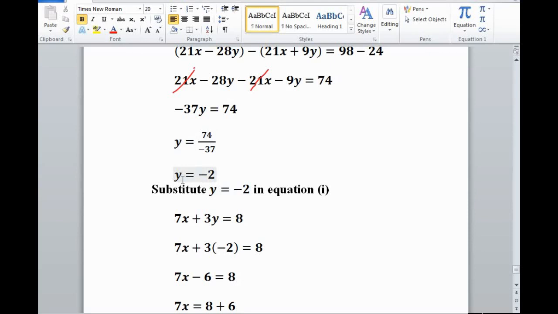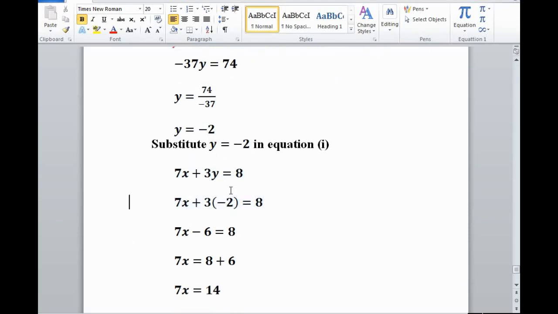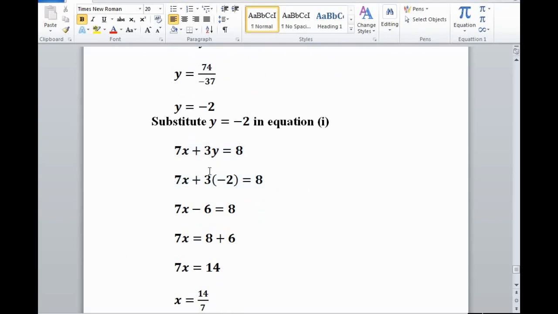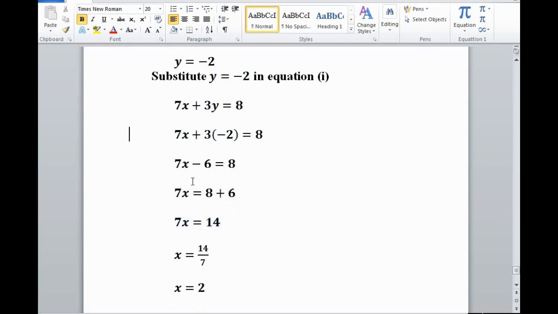To find x, let's substitute y equals negative 2 in equation 1. So our first equation is 7x plus 3y equals 8. This equation becomes 7x plus 3 into minus 2, because y is negative 2, equals 8. And now 3 times negative 2 is negative 6. And let's take this negative 6 from left to the right side.